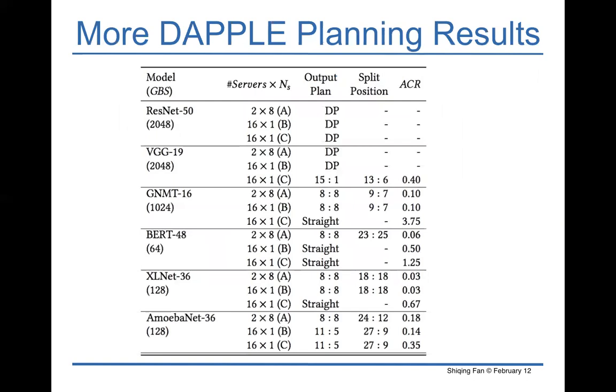Here are more DAPPLE planner results. This table summarizes DAPPLE planning results of 6 models in the 3 hardware environments, where the total number of available devices is fixed to 16. The first column of this table also gives the global batch size correspondingly. Due to time, the details will not be expanded here.